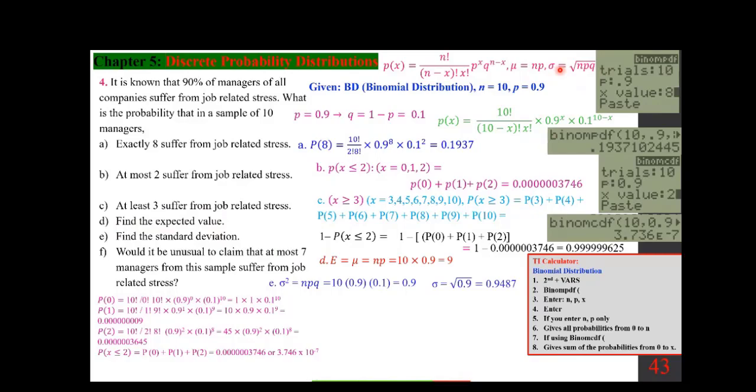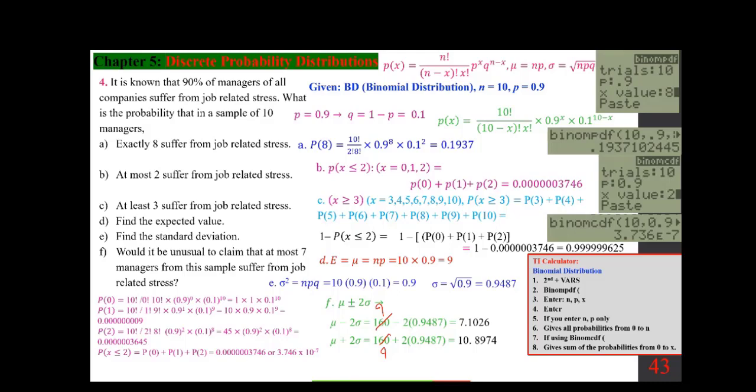Finally, would it be unusual to claim that at most 7 managers from this sample suffer from job-related stress? All you have to do is go with mu plus minus 2 sigma. I hope you remember this, the empirical rule, mu plus minus 2 sigma, okay? The range rule of thumb. So mu is 9, minus 2 times this number, and then add and subtract, and it's between 7.1 and 10.89.